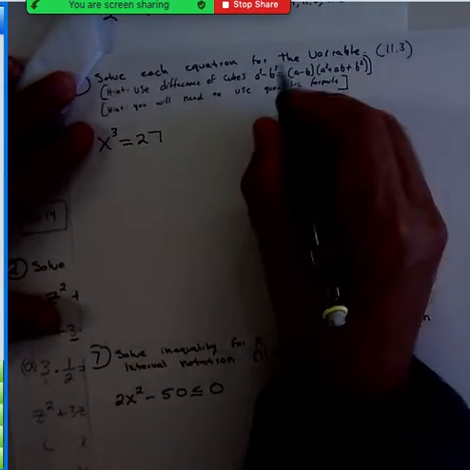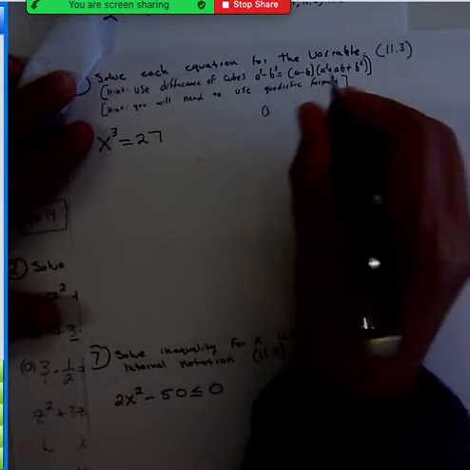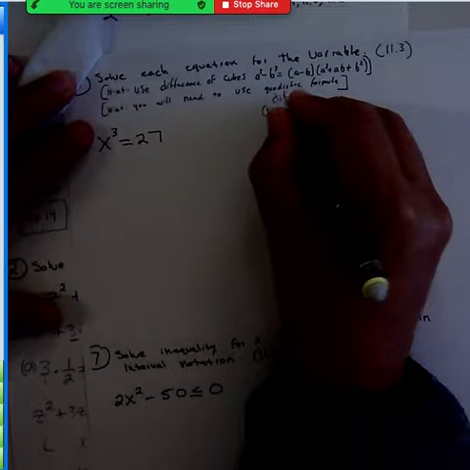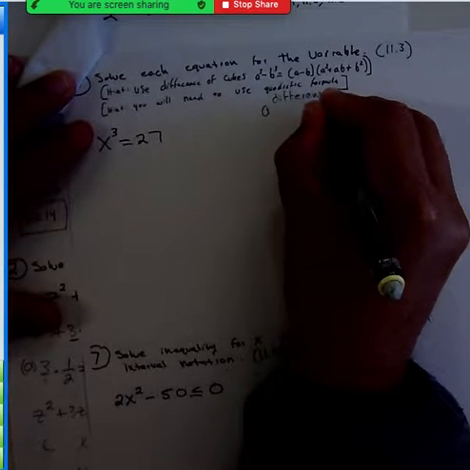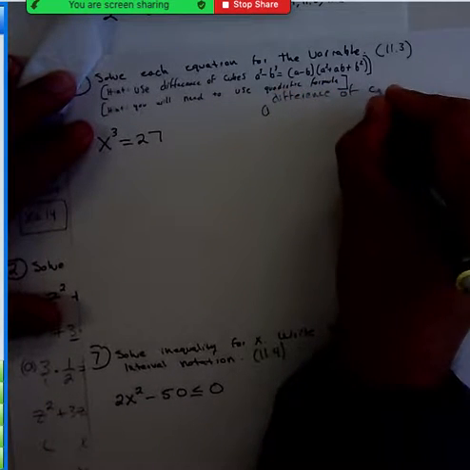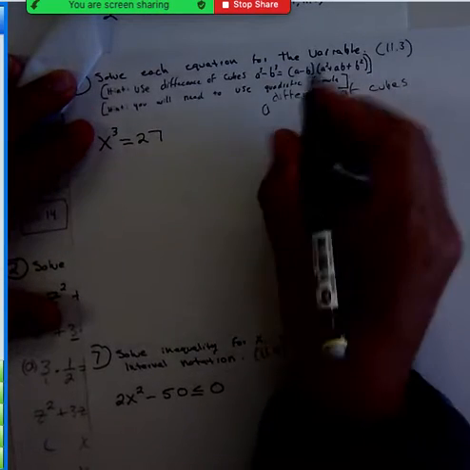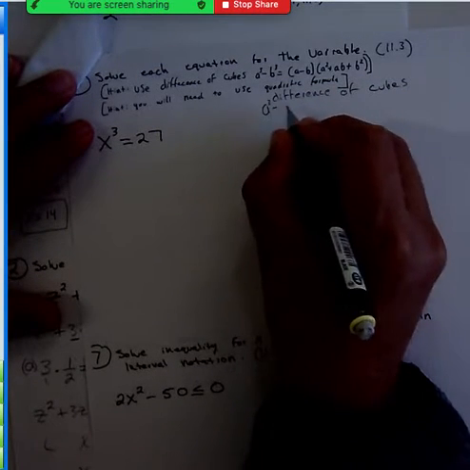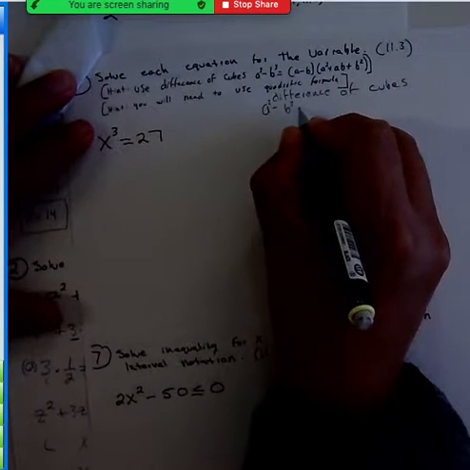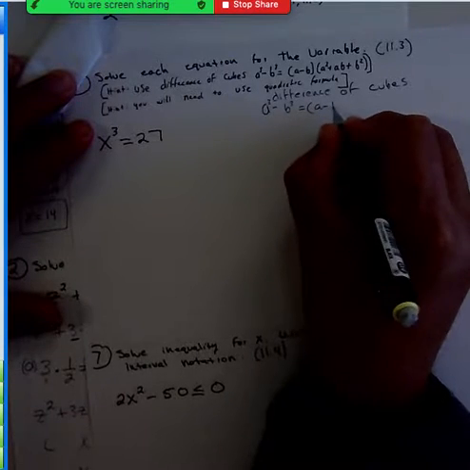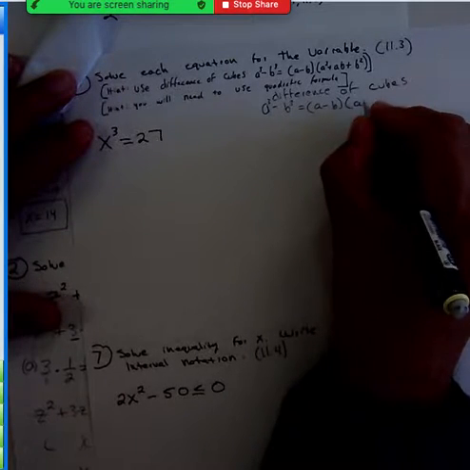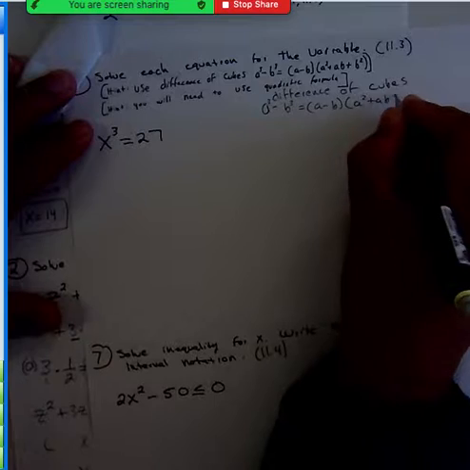Okay, so for this one, we're gonna use the difference of cubes formula, which is a cubed minus b cubed equals a minus b, times a squared plus a times b plus b squared.